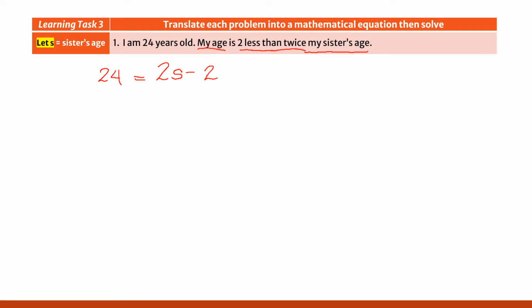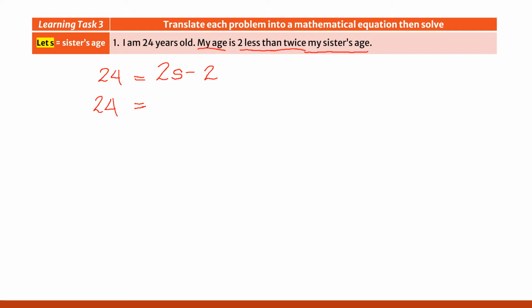2s minus 2. Okay? Now, if you look at this equation, pag tinignan niyo yung right-hand side, meron tayong constant na negative 2. So, ang target natin ay to eliminate that constant negative 2 dito sa right-hand side. So, tingnan natin. Copy 24. Okay? Copy 24.